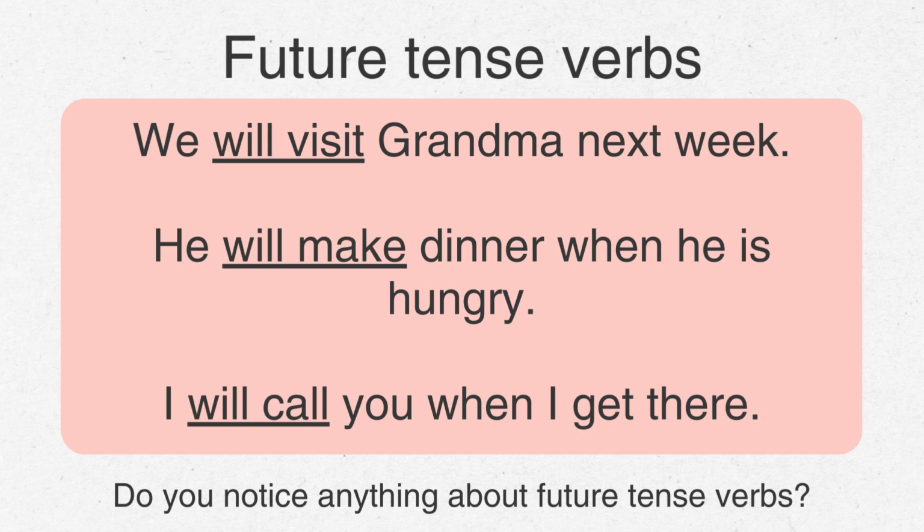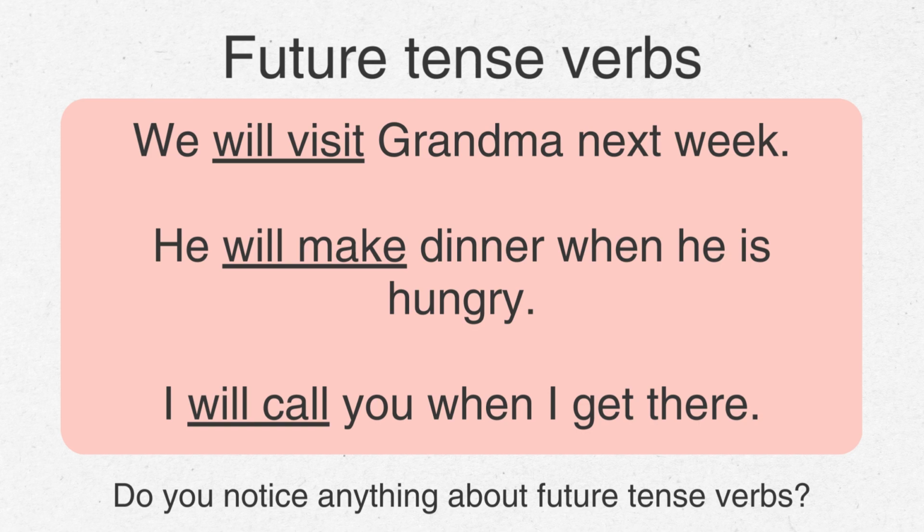He will make dinner when he is hungry. Will make is the verb in the sentence showing that we're going to make it, but it's going to be in the future. I will call you when I get there. Will call is the verb, and it's showing that it'll happen in the future.